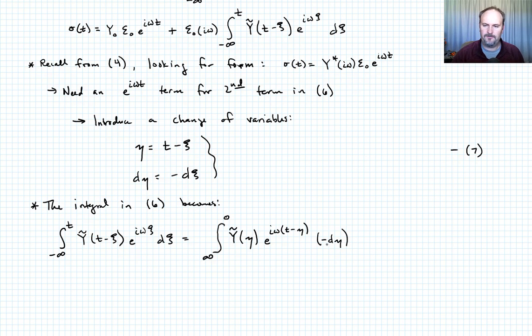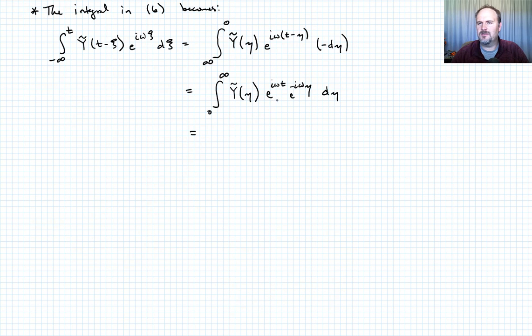So we're pretty close there. What do we need to do? Well, if I swap the limits of integration, instead of going from infinity to 0, I go from 0 to infinity, then I just change the sign of the integral, which cancels out this negative sign. So that's going to be equal to the integral from 0 to infinity of y tilde of eta times e to the i omega t times e to the i omega eta negative d eta.